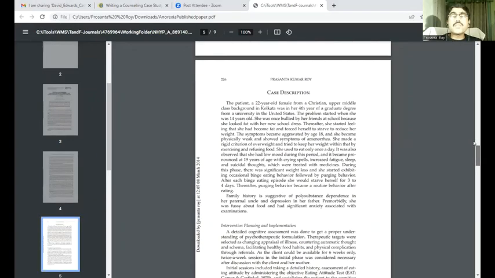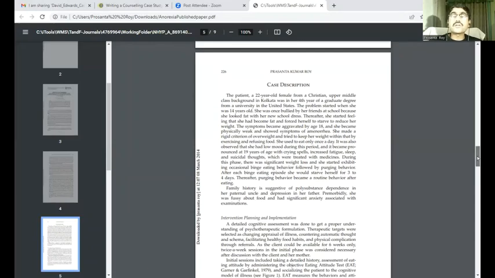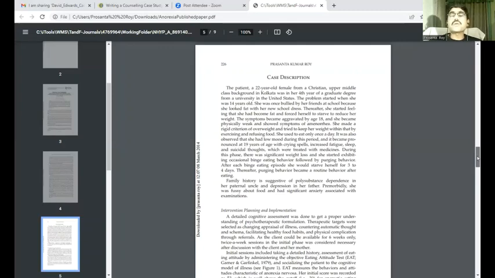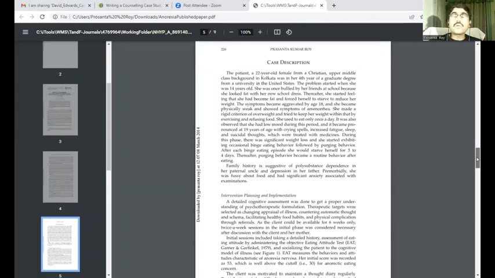Then we go to a brief, very focused case description that includes the sociodemographic data and the clinical data: the duration of the problem, the manifestation of the symptoms, and all those issues, including what interventions have already been tried, whether the client is receiving any pharmacological or psychotherapeutic intervention, and what the outcome of those interventions was.